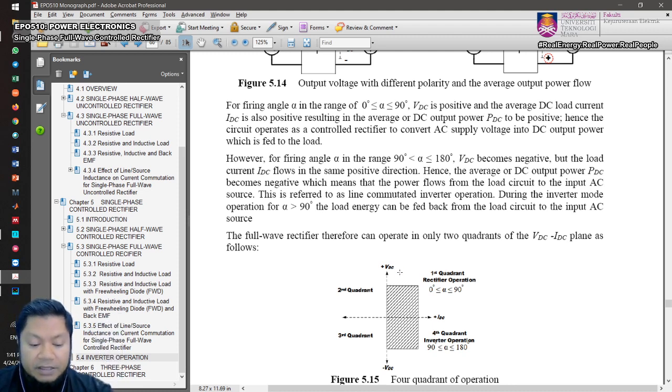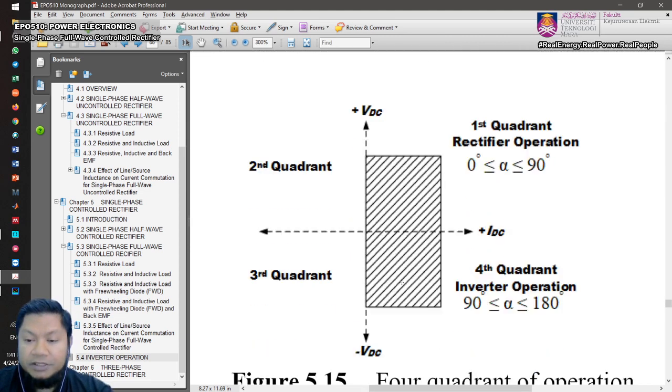Because it's four quadrant operation, we can draw with the axis of VDC as the y-axis, and the current IDC as the x-axis. In this case, you have a positive VDC and positive current, so you have the first quadrant, whereby you have rectifier operation.